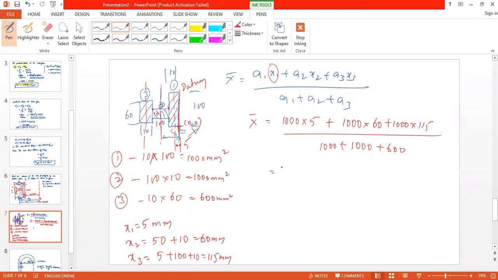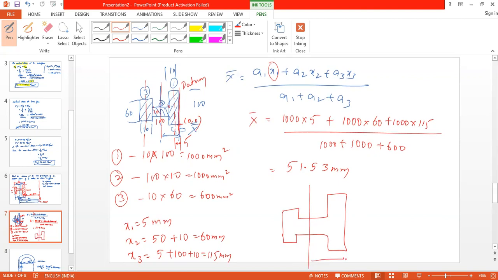So the answer is 51.53 mm. So the Cg of this I section is passing at a distance of 51.53 mm from the inner radius.